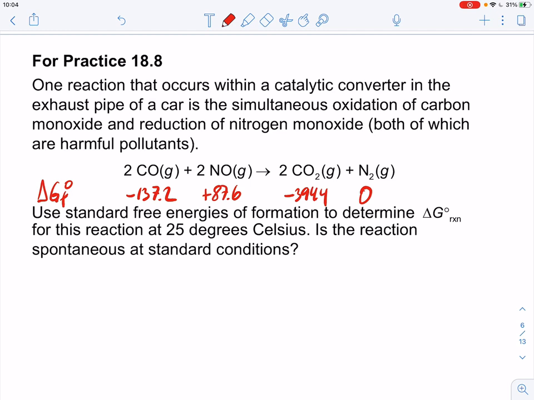Why? Because it's an element and it's in its most stable form, therefore the free energy of formation is equal to 0.